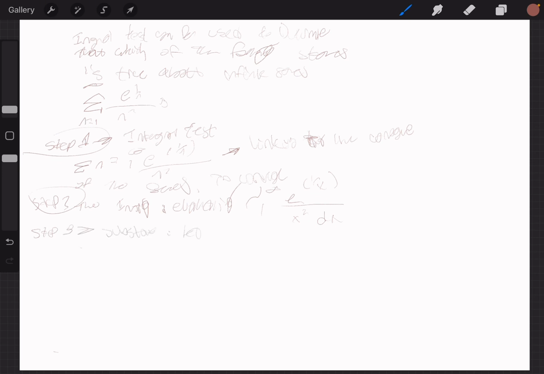So let u equal 1 over x, and du equals negative dx over x squared. So the integral ends up becoming the integral from 1 of e^u times negative du, right? And then you write what you substituted for.